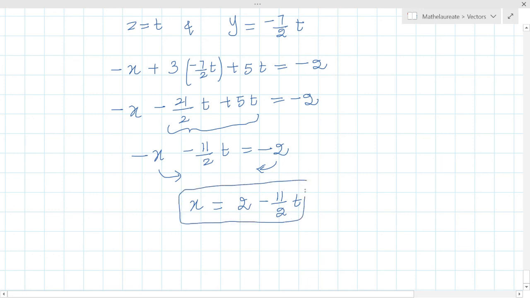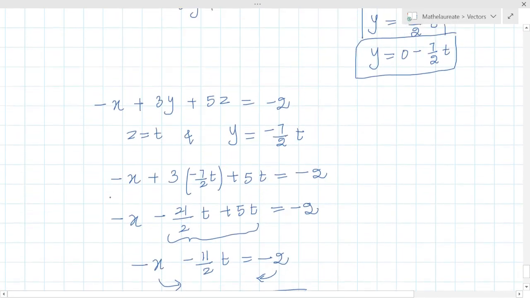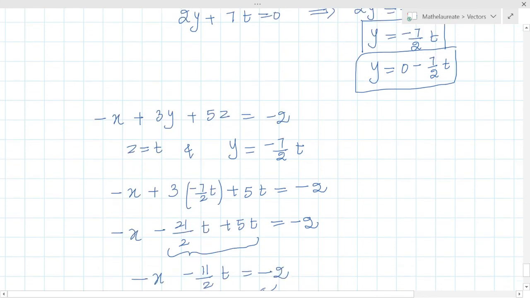Fine. So what are the values we got? x is 2 minus 11 by 2, we can write it as 5.5t. And y, we got it as, since there is no constant here, I'll write 0 minus 3.5t.